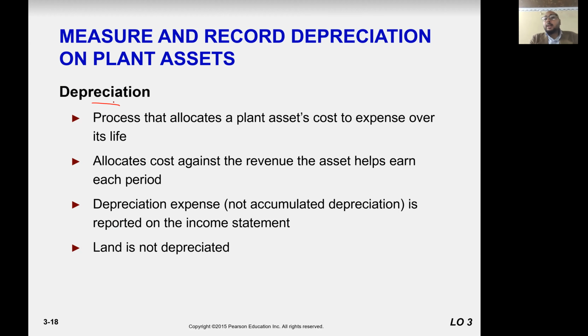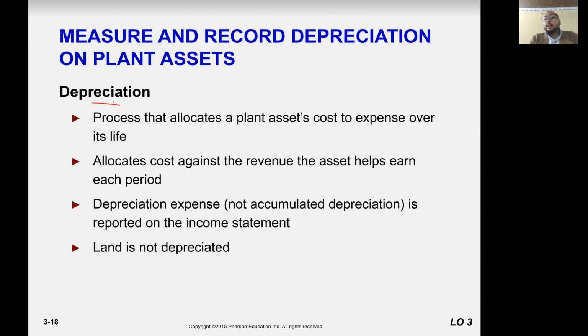Depreciation is the process that allocates plant asset cost to expense over its useful life. So it means this depreciation is not a maintenance cost, it is not any reserve, it is just spreading the asset's cost over its number of years of life. That's it.